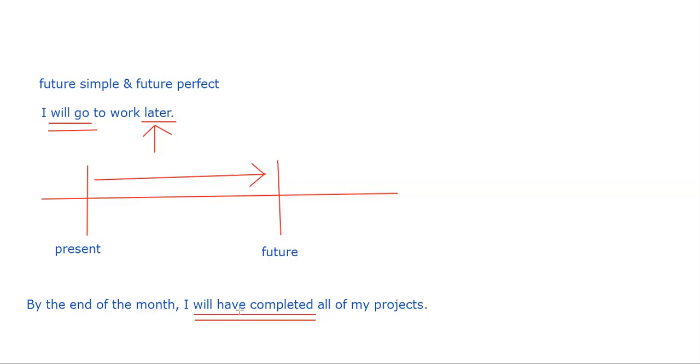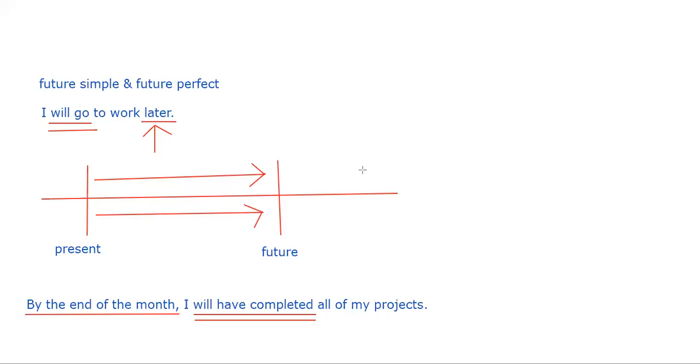So here we use the future perfect because by the end of the month implies that I'm starting now, and one month from now, I will have completed all my projects. Like all my projects will be completed. So the future perfect is for starting in the present and leading all the way up to the future.